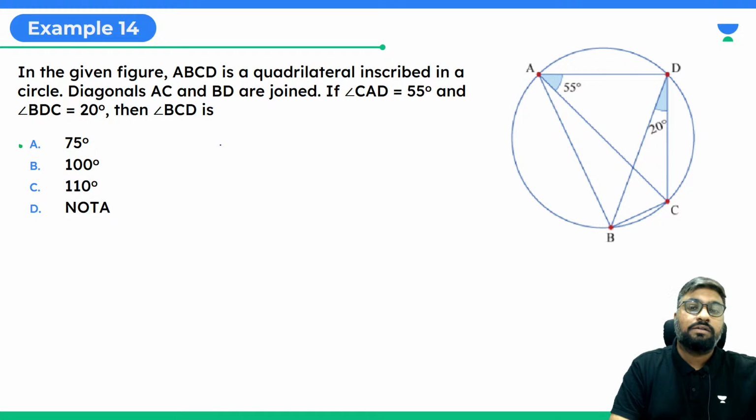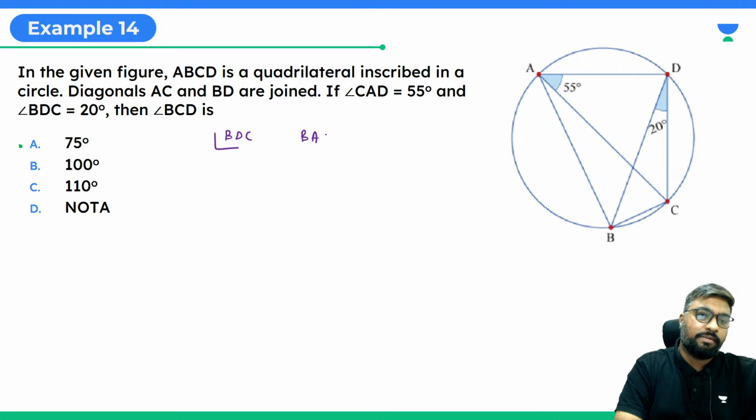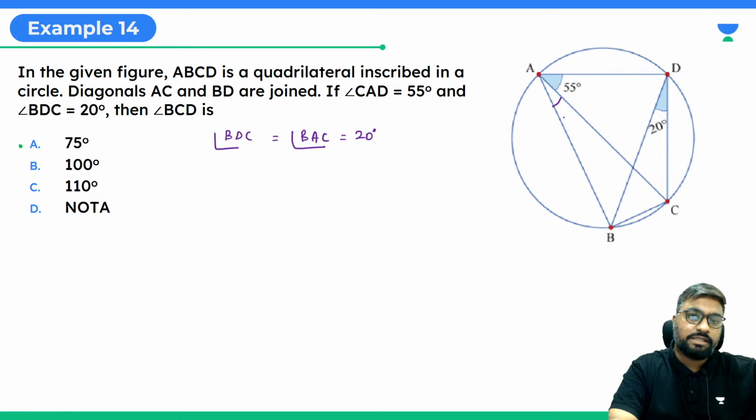What do we get? From the arc BC, there are two angles drawn, BDC and BAC. Both will be equal. So this is 50 degrees, this is 20 degrees. Yes.